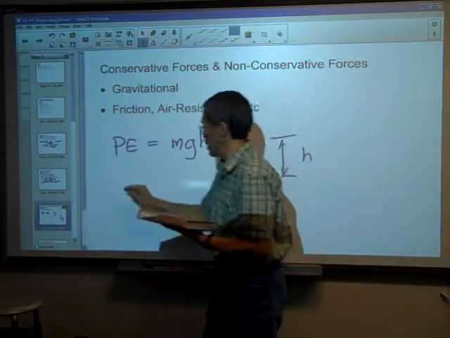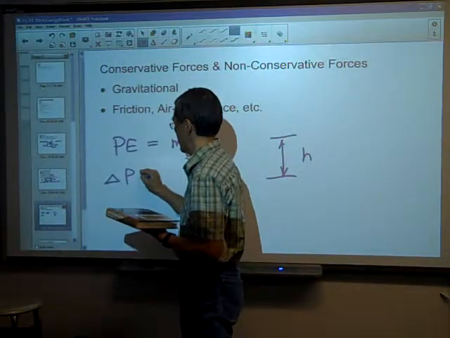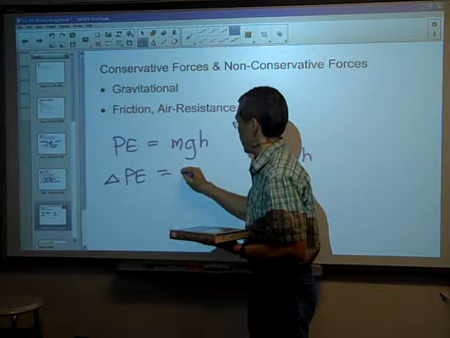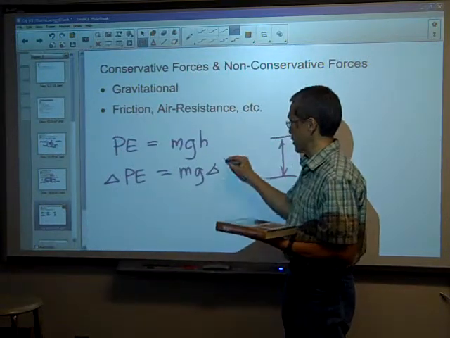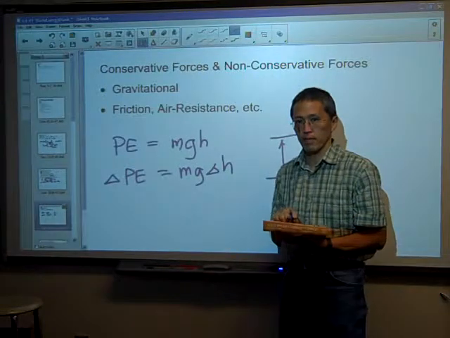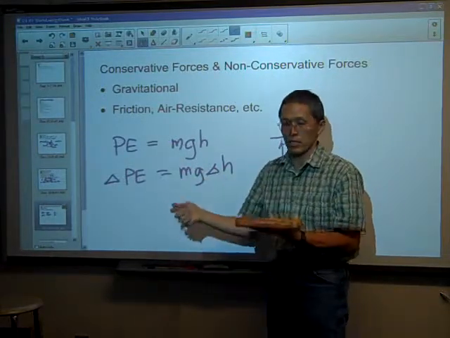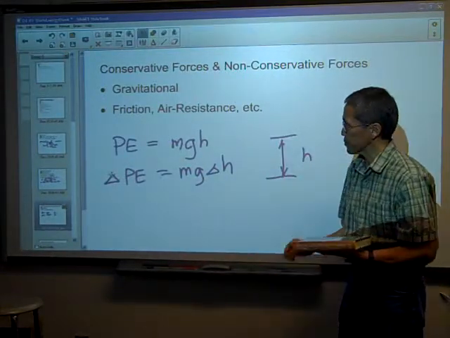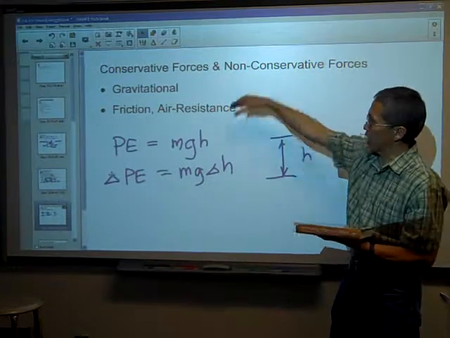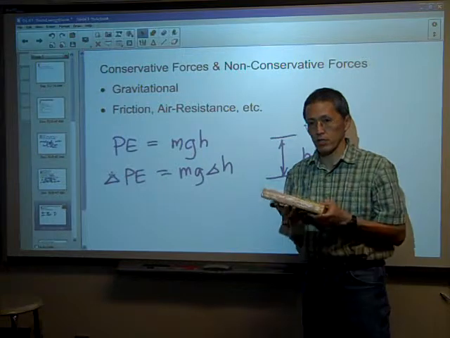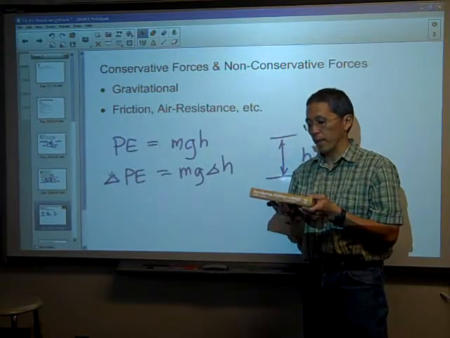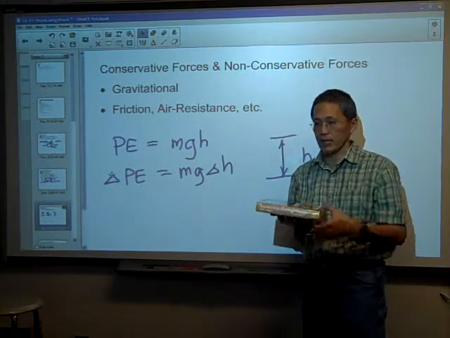Or you can think about it as my change in potential energy is my mass times acceleration due to gravity times my change in height. Okay, these two equations are essentially equivalent. And then when it talks about conservative forces, gravity is a conservative force. And so what that means is this.